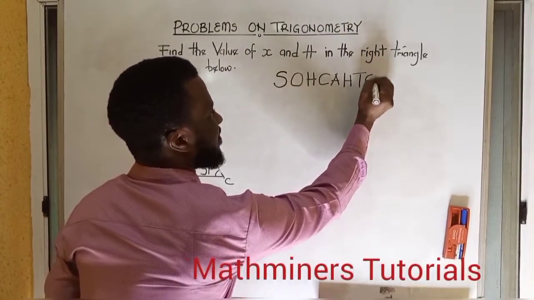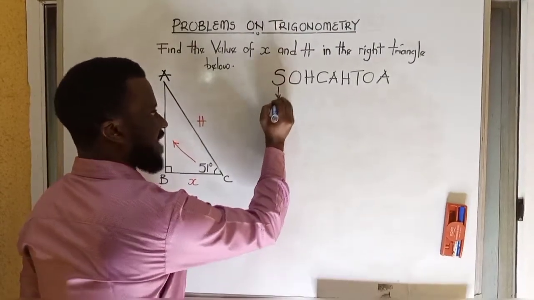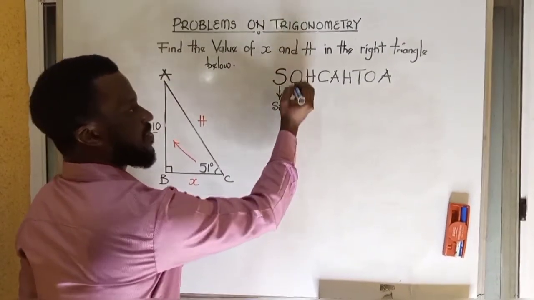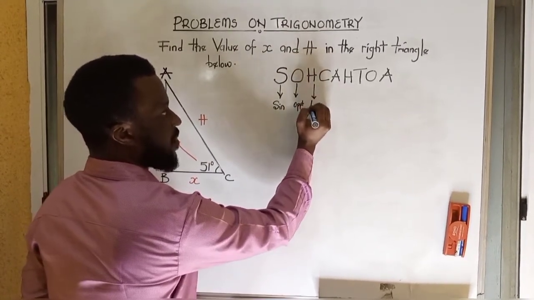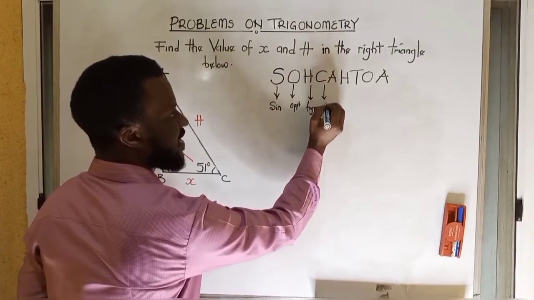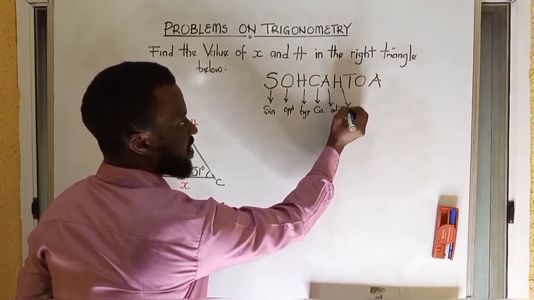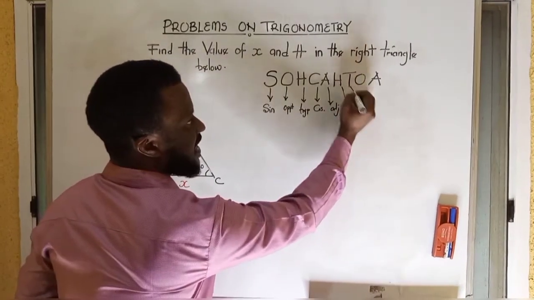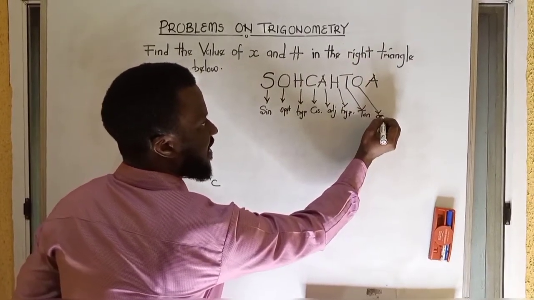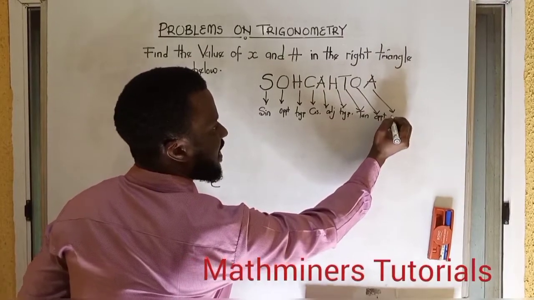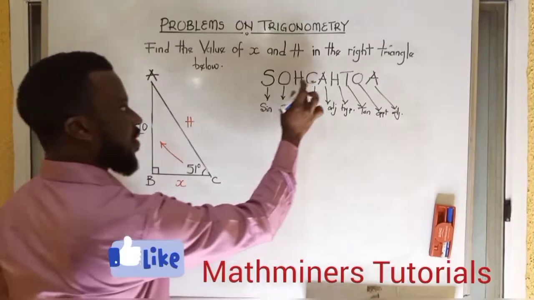The meaning is this: S represents sine, O is opposite, H is hypotenuse; C is cosine, A adjacent, H hypotenuse; T is tangent, O opposite, and A finally is adjacent. Of course, these are the three trig functions.